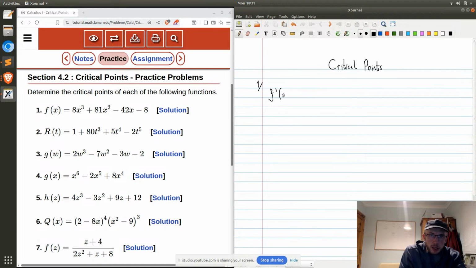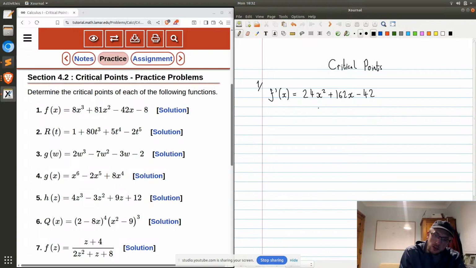First we find f prime of x. That would be 24x squared plus 162x minus 42. Then we think about when it's equal to 0. And well, we should halve everything, but even better than that, divide everything by 6.